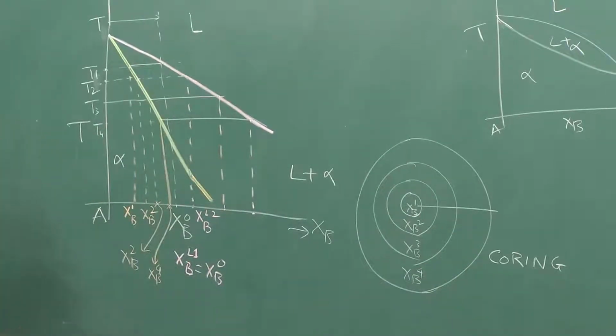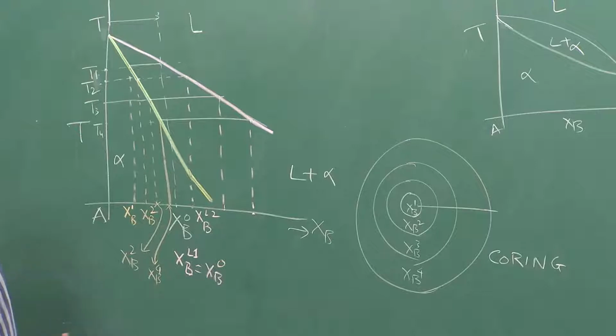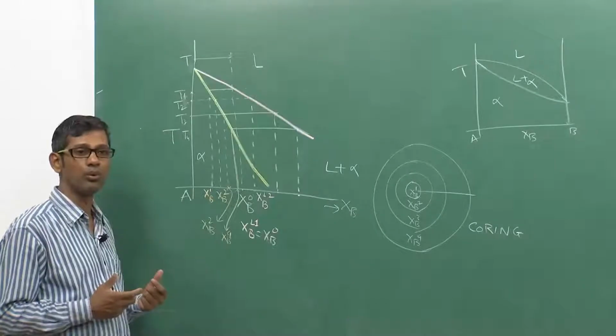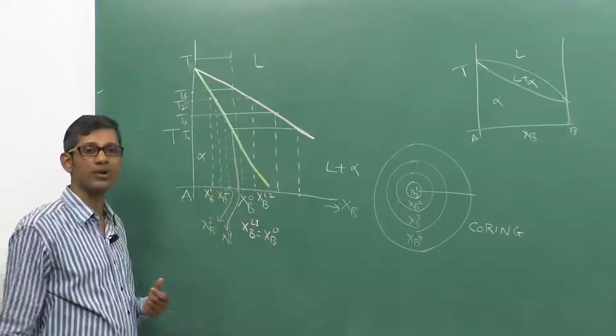This is widely observed in real situations, because real situations are the ones in which diffusion is very slow, and we do not have sufficient time when we are cooling down from the liquid to the solid.